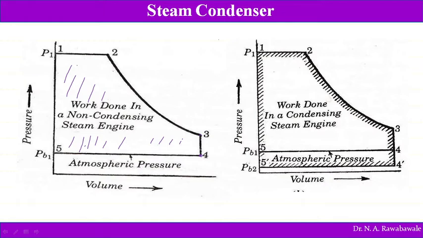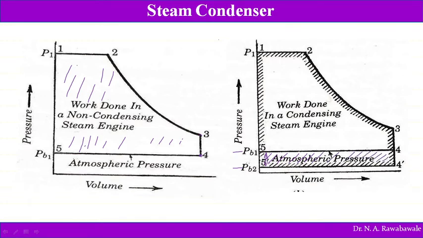Now if we are using a condenser, there is an increase in the expansion. Say this is atmospheric pressure. Now if we are using a condenser, a vacuum is created, and because of the vacuum we can increase this expansion to a greater extent. So this additional area shows the work done because of the condenser.